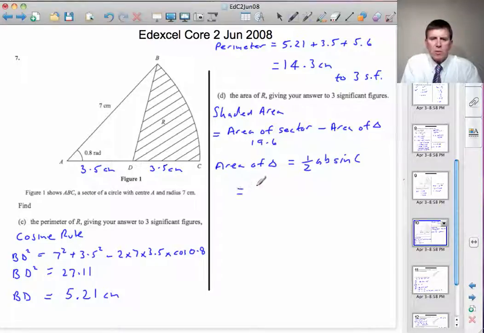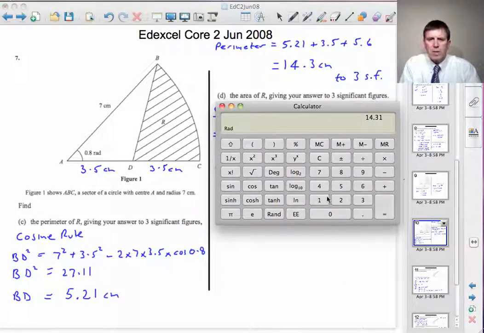So it's equal to a half multiplied by 7 multiplied by 3.5 multiplied by sine 0.8, where again 0.8 is measured in radians.